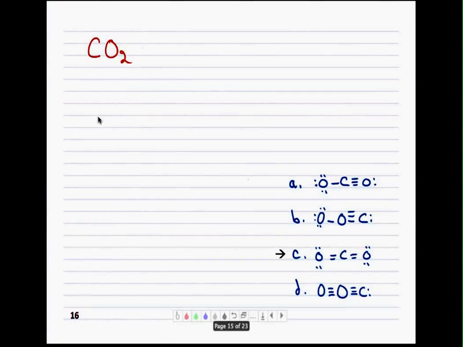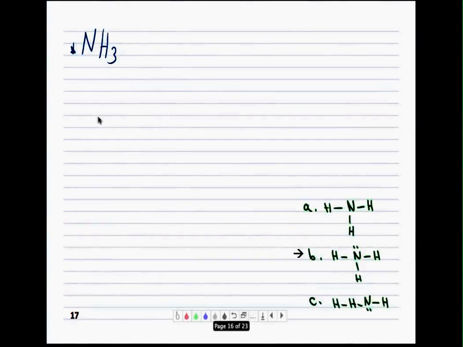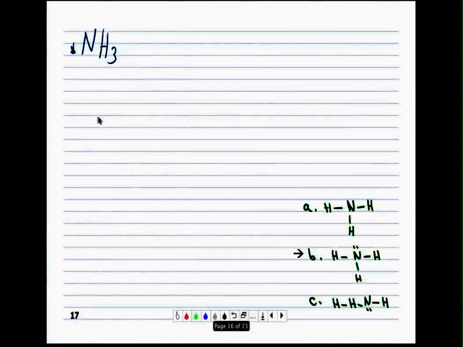Let's do some more. NH3. I'm going to stop it at 130. How many unpaired electrons? Nitrogen has 2 unpaired electrons.